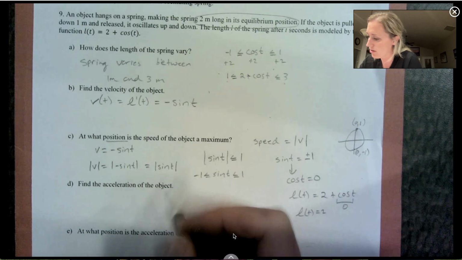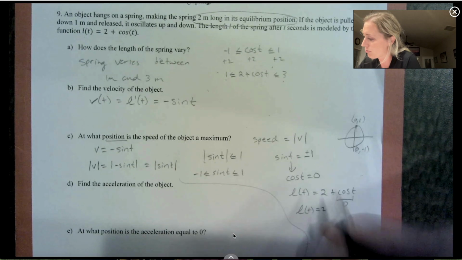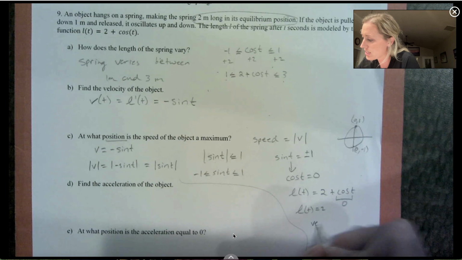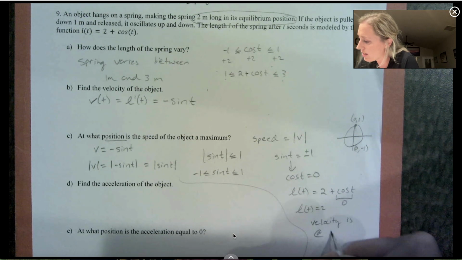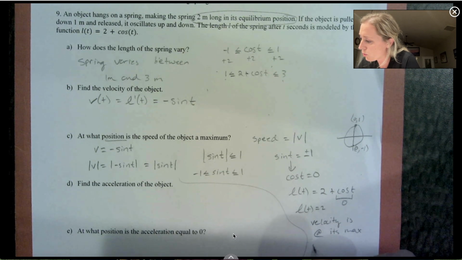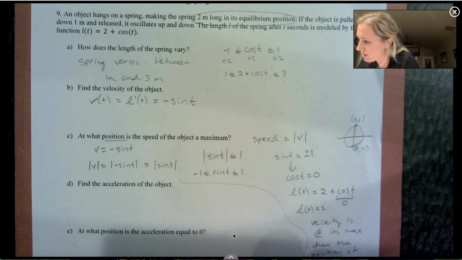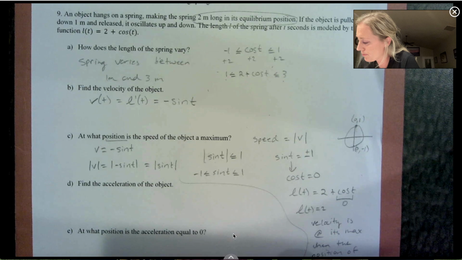So we can say velocity is at its max when the position of the spring is 2 meters long, or we could say equilibrium.